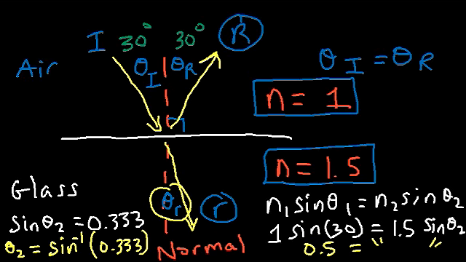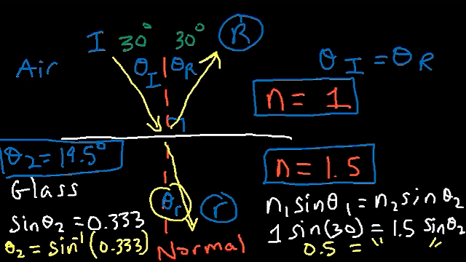The angle that I got is 19.45, which I'm going to say is about 19.5 degrees. As you can see, it's less than 30. Whenever light goes from a low n value to a high n value, as it moves from one material to another, the light ray is going to bend closer to the normal line.